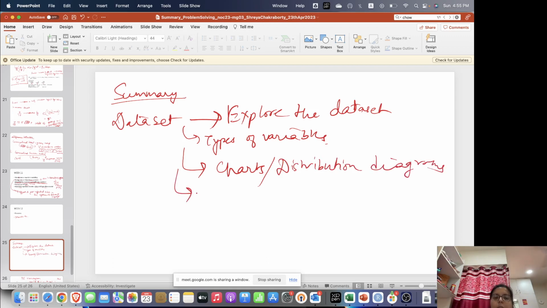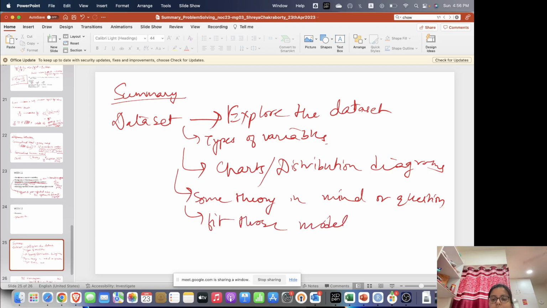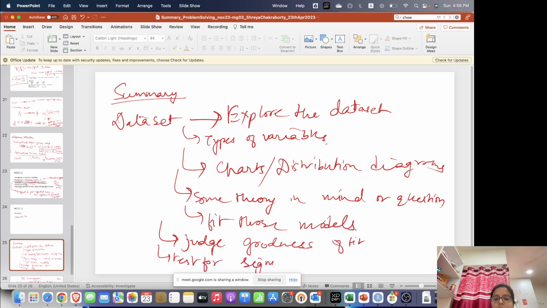If we have some theory in mind or question, we fit those models, judge goodness of fit, then test for significance of the coefficients, and if all of these are significant, then we go for some sort of residual analysis, and then after doing everything we make the required conclusions.